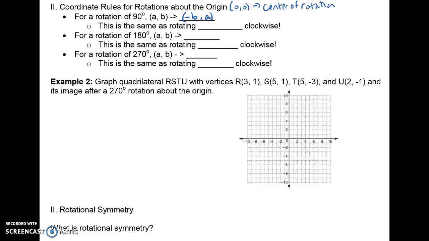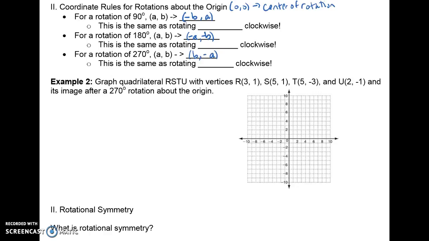Okay? Rotation 180 degrees is when we do the opposite of a and the opposite of b. Remember, again, negative means opposite, not just negative number. And then 270 to the left is when we flip the order and we keep b the same and make a the opposite. All right?